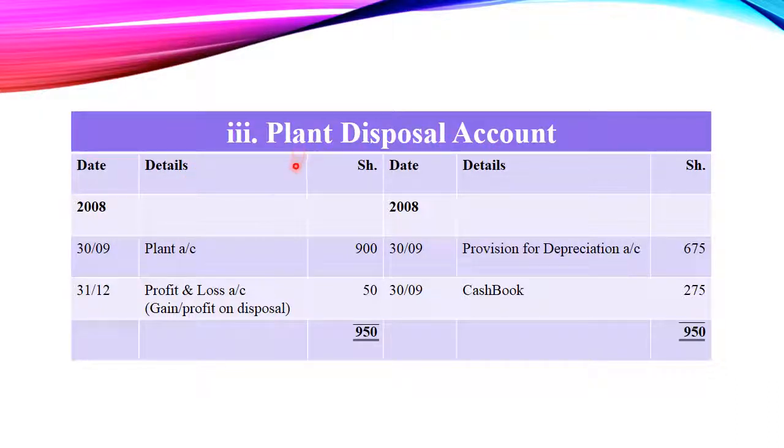So for you to apply the double entry rule, you have to credit the profit and loss account in the income statement, and the item that is normally credited is the income, and therefore this is a gain or profit on disposal of 50 shillings.